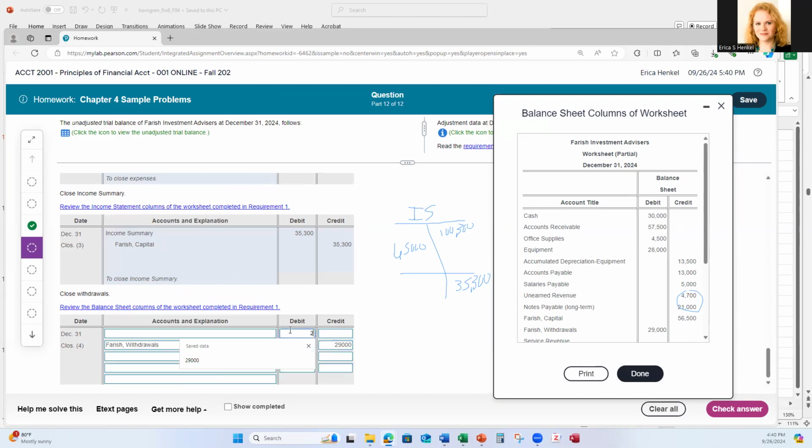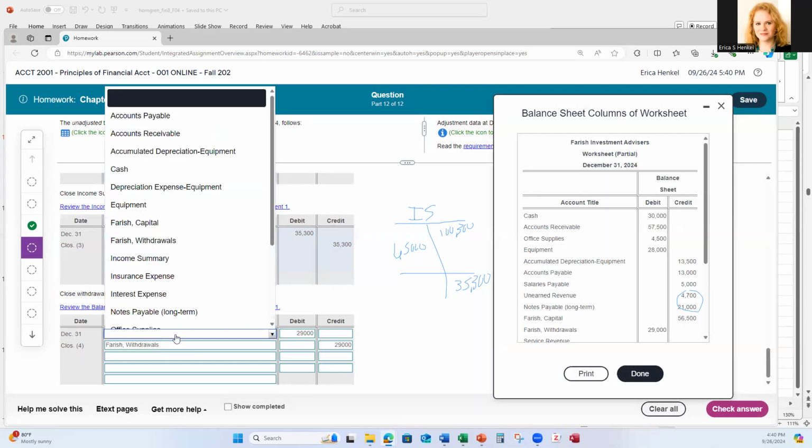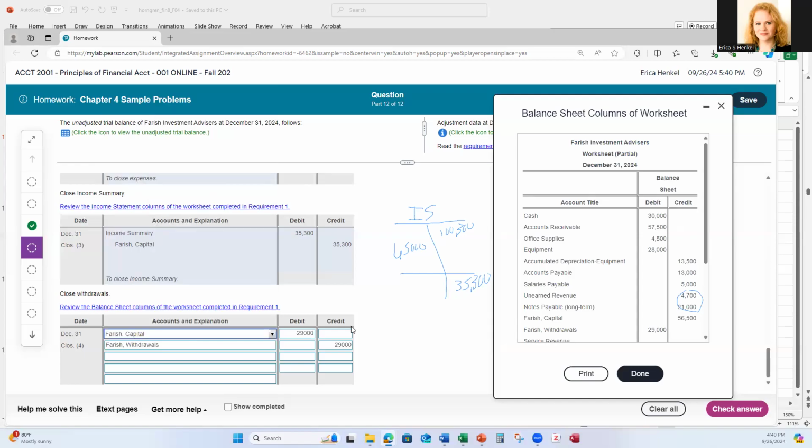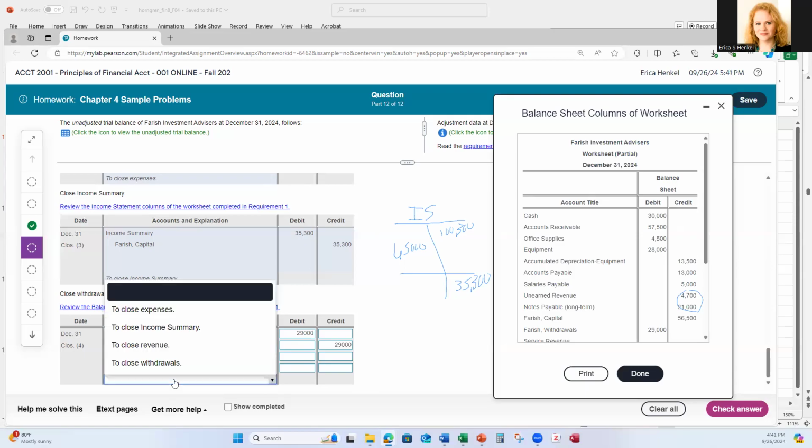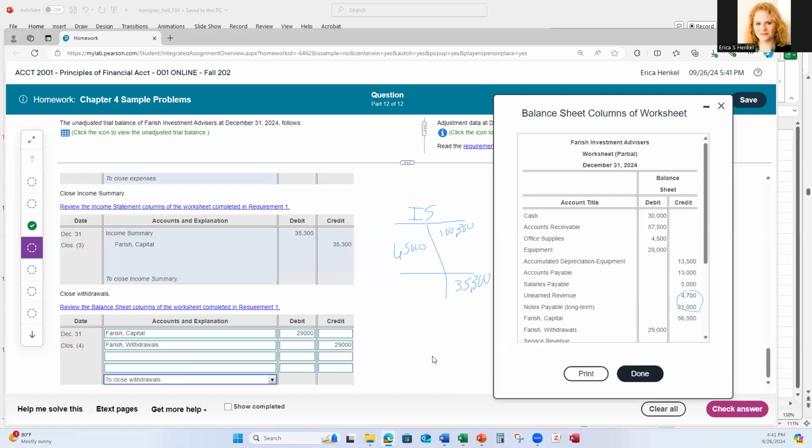And then that's again going to be closed into Farah's Capital. So everything eventually gets piled into that Farah's Capital account. Or if it's a corporation, they would use an account called retained earnings that you would close everything into at the end instead of owner capital. All right, so this one is to close withdrawals.